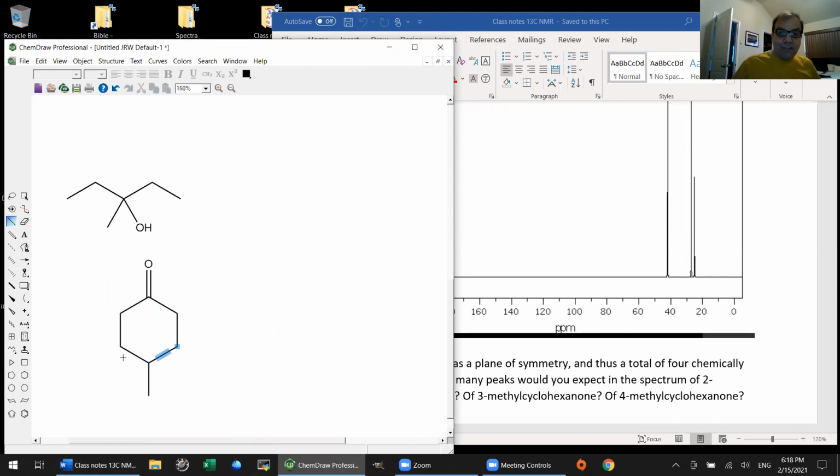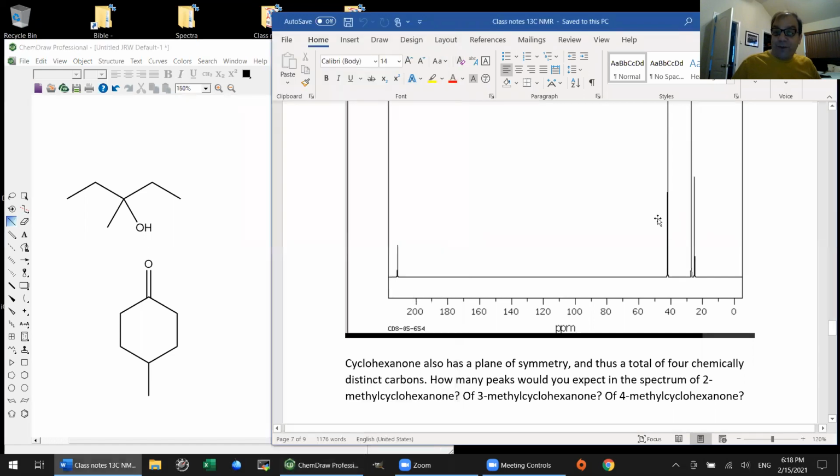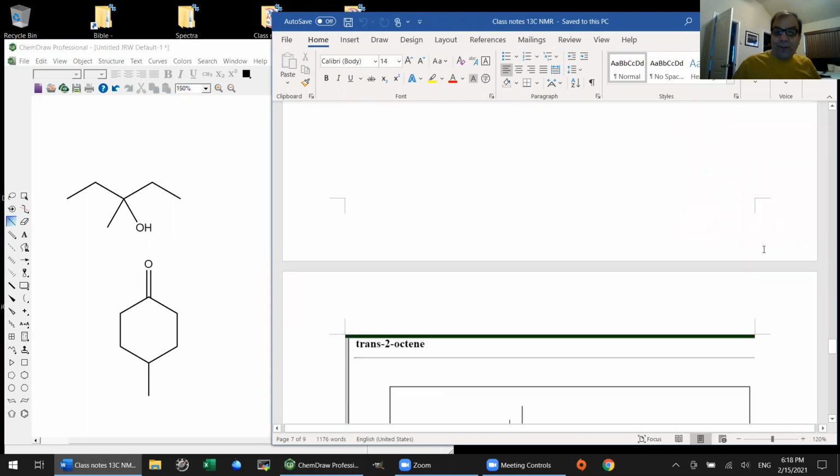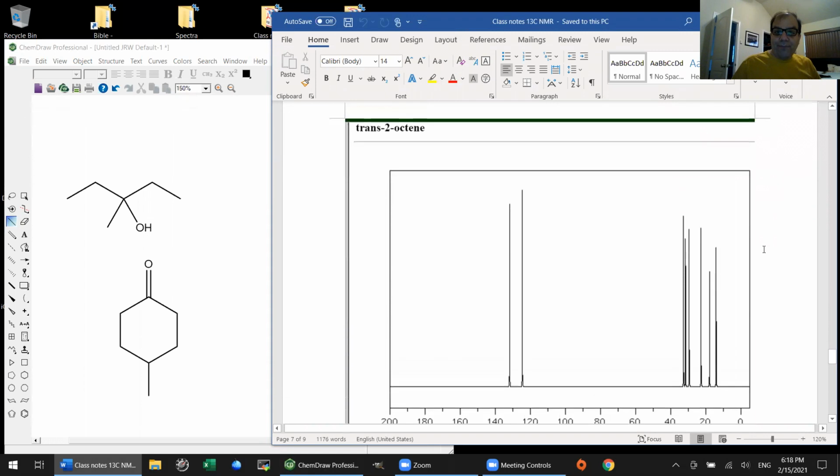Those two CH2s are still the same. Those two CH2s are still the same. But if the methyl were on a different carbon from carbon 4, then you would break the symmetry, and you would get more types of carbon that are different, and you would expect to see more peaks on the carbon NMR spectrum. So that would be something good for you to work out on your own.